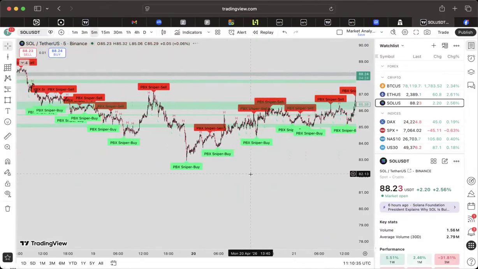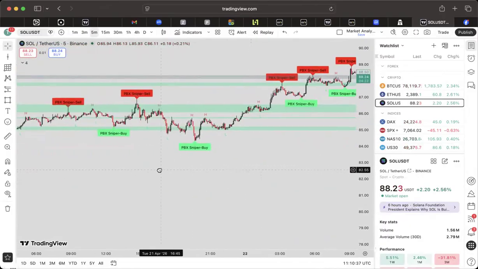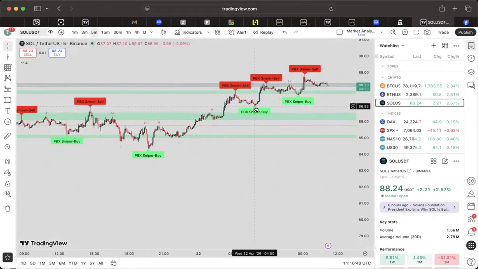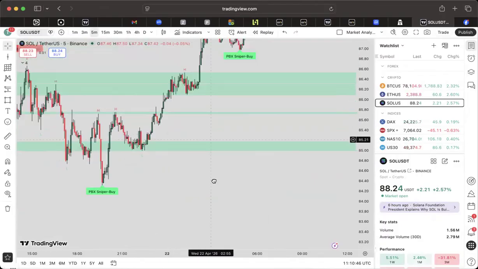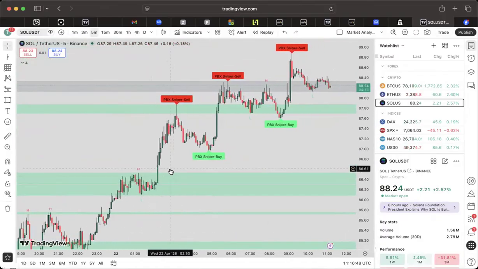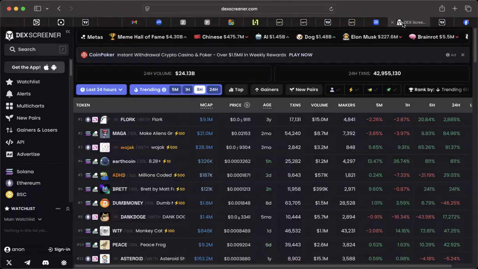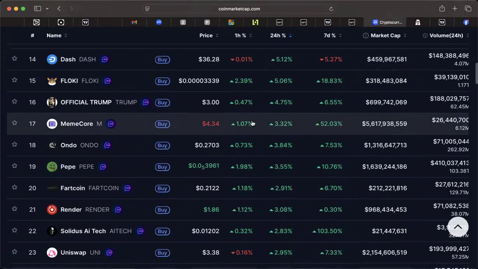Okay. So that pullback, somewhere here, that's a pullback, and your scanner asks you to buy. So you can buy in all of those pullbacks to follow the trade. So if you trade crypto, that's what to do. Very simple. Take advantage of it and make money.